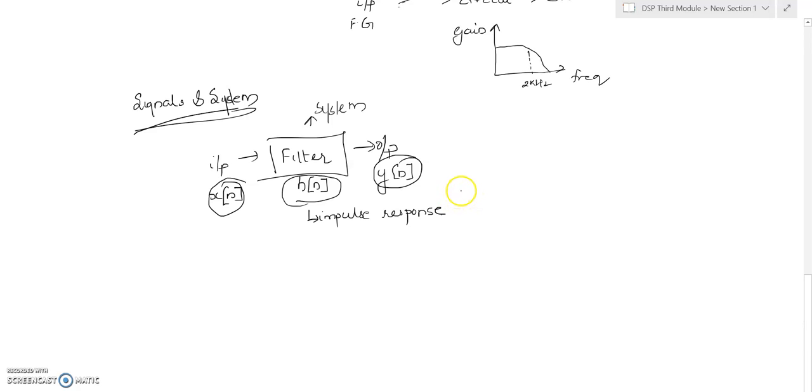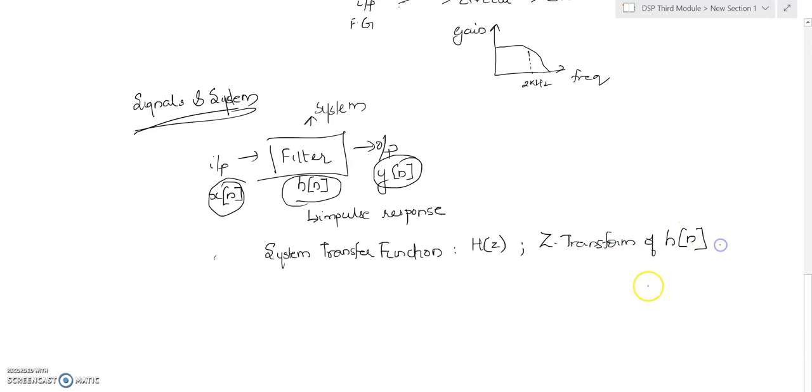Now, why do I say this? When we talk about filters, another important thing that comes into the scenario is the system transfer function. If you ask me what the system transfer function is, I will say it is h of z. And if you ask me what h of z is, I would say it is the z transform of, yes, you are absolutely right, h of n.